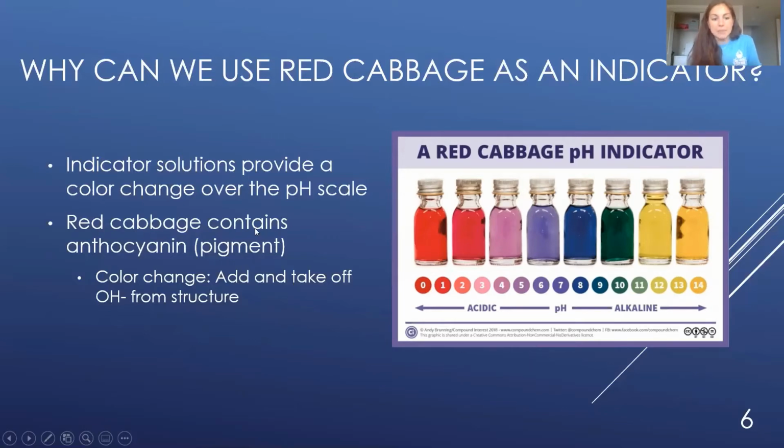And this red cabbage juice contains a pigment called anthocyanin. And anthocyanin reacts with acids and bases, and you can see, based on the colors, how high the concentration is. So now we'll go ahead and jump right into it.